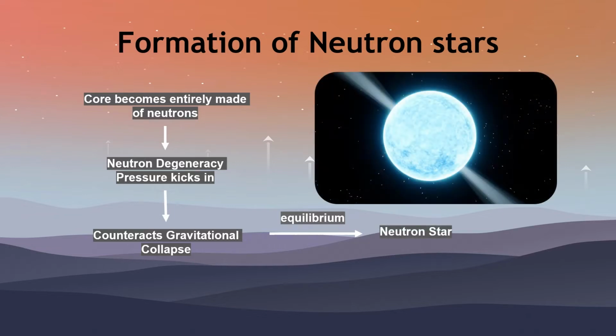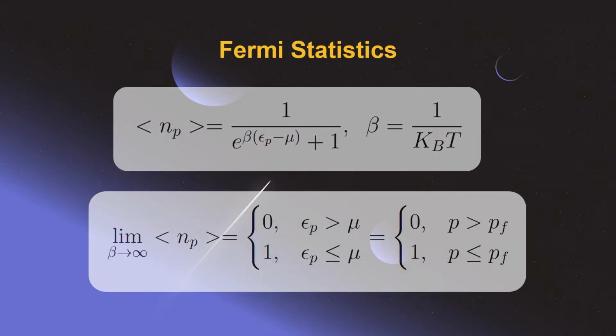So now we will attempt to find the mass limit of neutron stars. We start with Fermi statistics, where the occupation number for momentum p is given by 1 upon e to the power beta times (epsilon_p, which is the energy associated with the momentum p, minus the chemical potential mu), plus 1, beta here being 1 over k_B T, T being the temperature of the system.